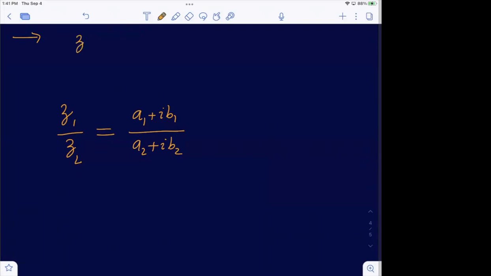If you consider the conjugate of a complex number, first of all, I'm going to talk about this 1 over z2.